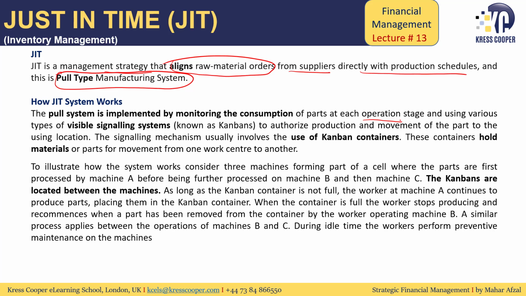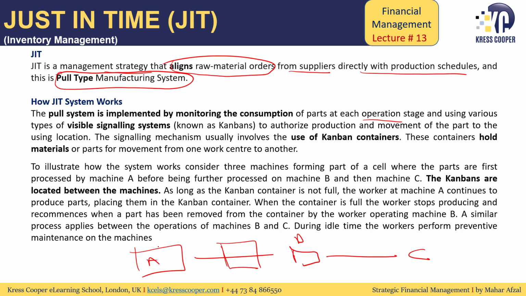Suppose this is process A, then process B, then process C. In between process A and B there are containers. A will keep manufacturing till this container is filled. Once this container is filled, A will stop further production. Then these goods will move to B.